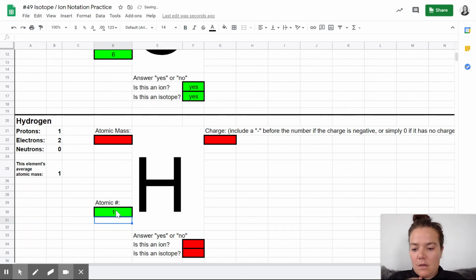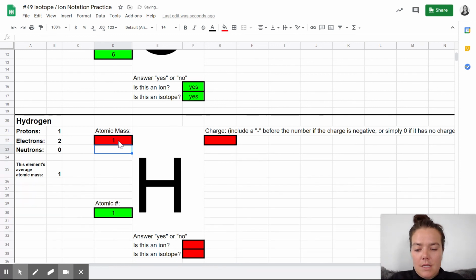If I put 1 in there, green, yes. The atomic mass is my protons and my neutrons. 1 plus 0 equals 1. Put that in. Yes. For the charge, there are 2 electrons that are negative and 1 proton that is positive. If there's 1 more negative than positive, it has a -1 charge.